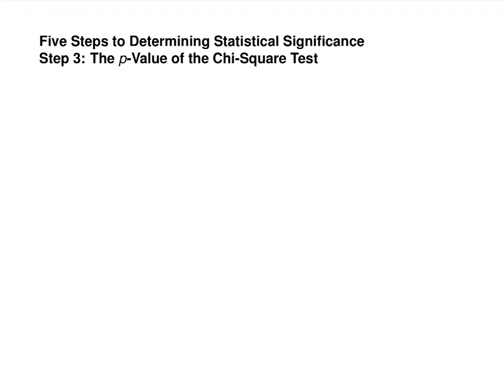Once you have your chi-square statistic, you find this thing called the p-value.